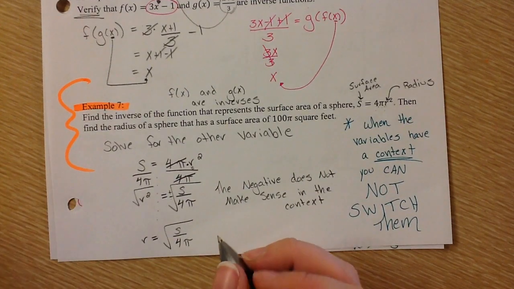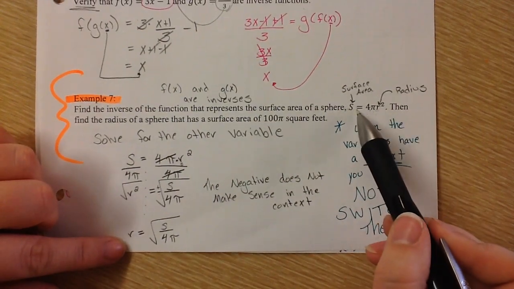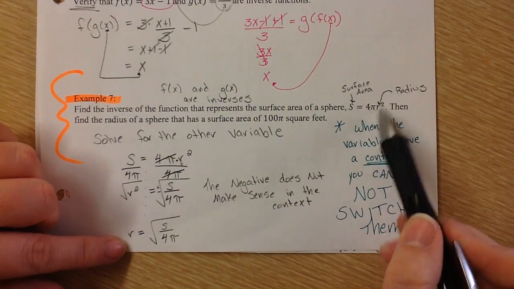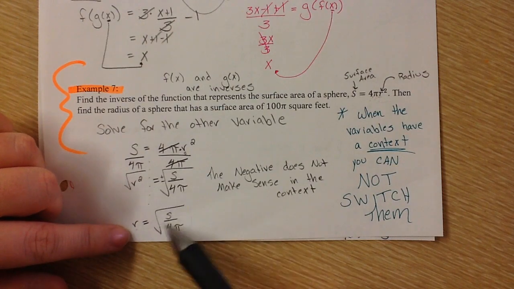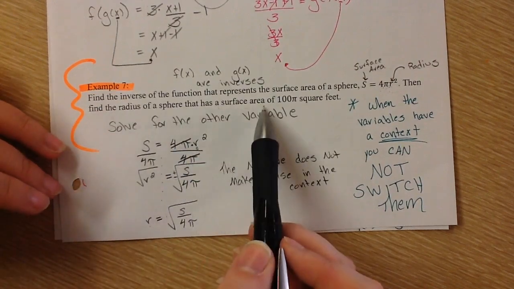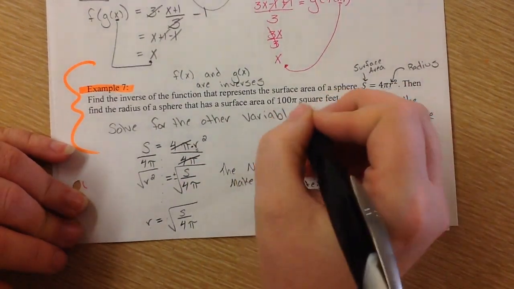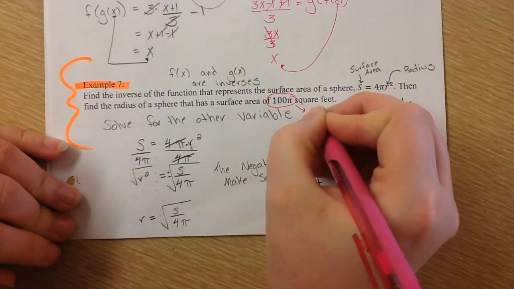So there is my inverse function, because my original function was s equals something in terms of r. My new function is r equals something in terms of s. Now how this can be used is for this last bit: find the radius of a sphere that has a surface area of 100 pi square feet. This information they give me here is my s.